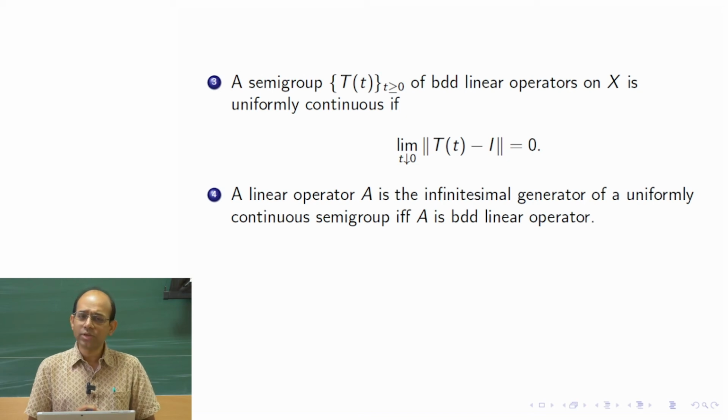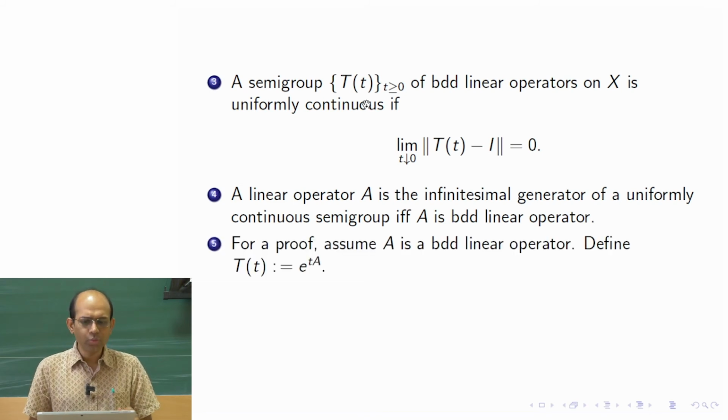However, in the example we have computed recently, the generator was just a matrix. A matrix is of course a bounded linear operator. So this result would imply that the semigroup we obtained there is not only a C0 semigroup, it is a uniformly continuous semigroup. Okay. So we are going to prove this theorem actually.